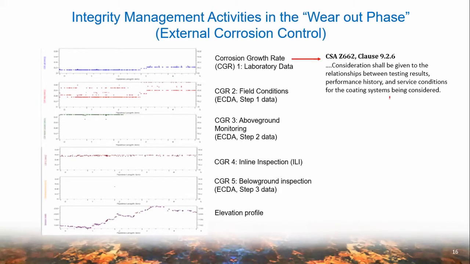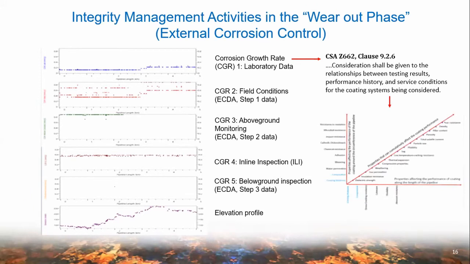In fact, developing corrosion growth rate from laboratory data is alluded to in the NACE standard 662 class 9.2.6. Guidelines for converting laboratory data to corrosion growth rate have also been recently published. So use data appropriately to obtain as much information as possible.